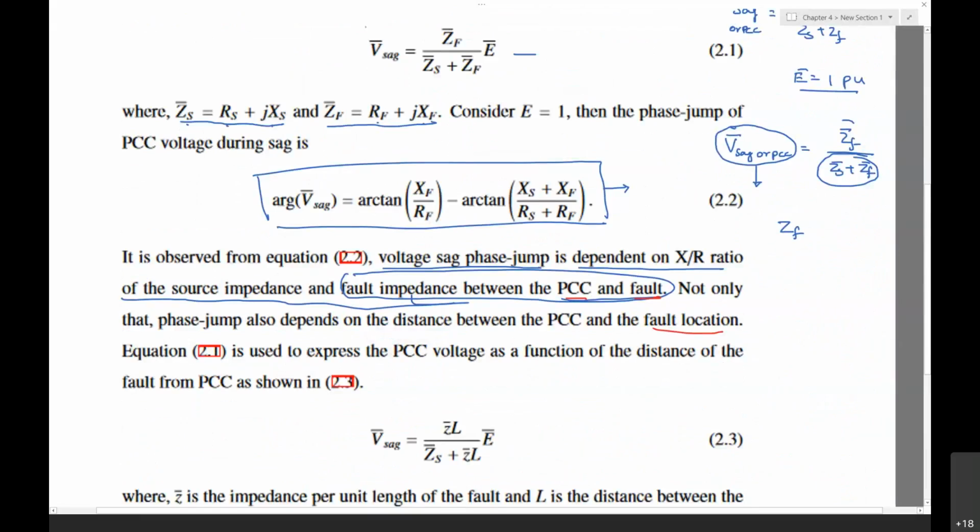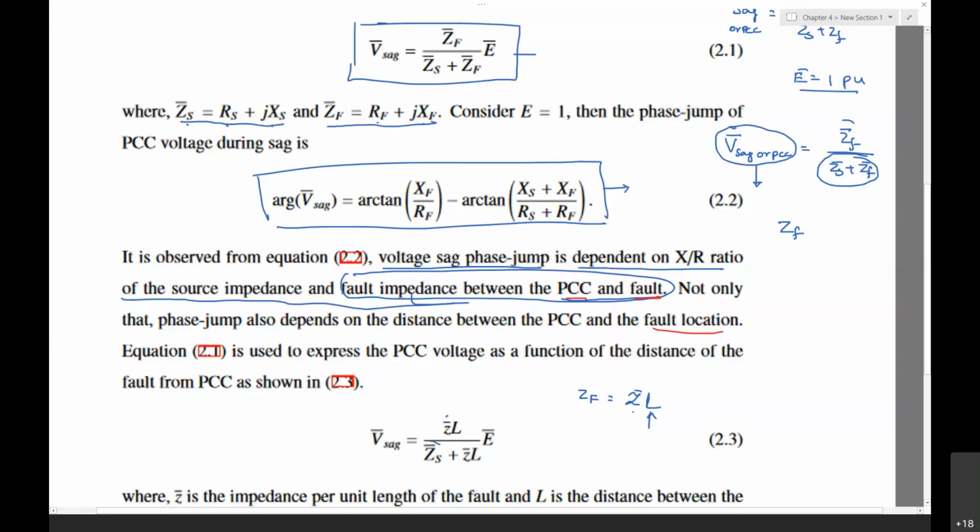From equation 2.1, we represent ZF as the per unit length impedance Z bar into the length L, where the length is the fault location from the PCC. With this, I substitute ZF as Z bar into L, so we get Z bar into L over ZS plus Z bar into L.